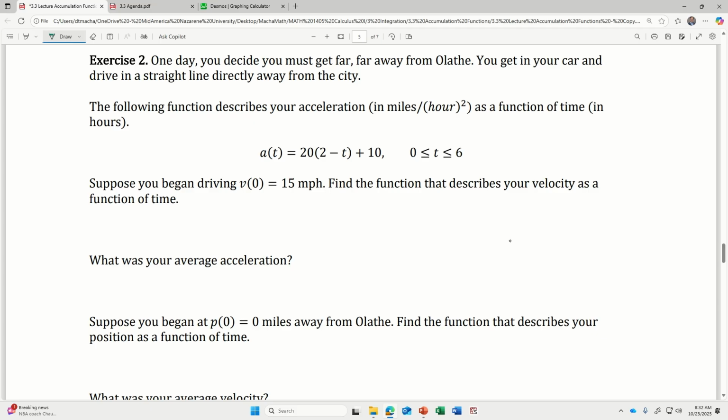So if I have acceleration given to me, then my velocity function is going to be an accumulation of acceleration.